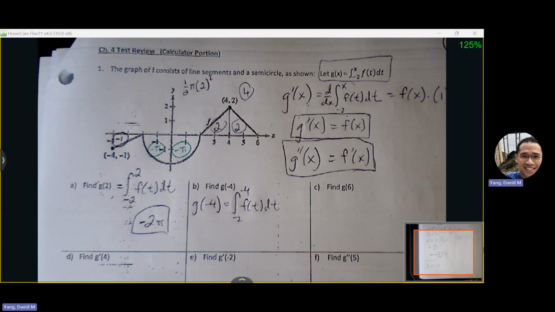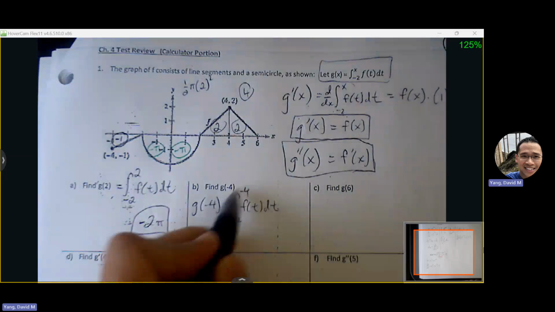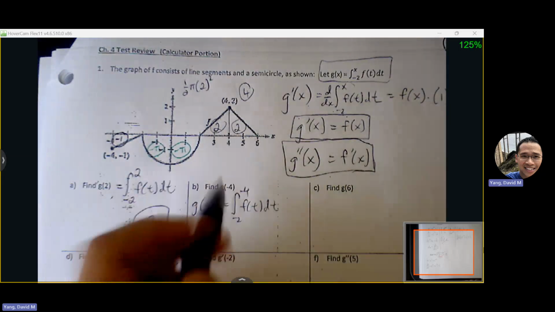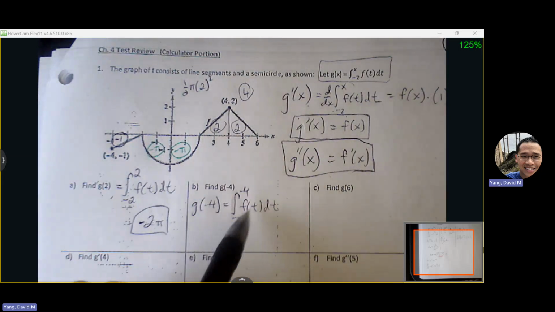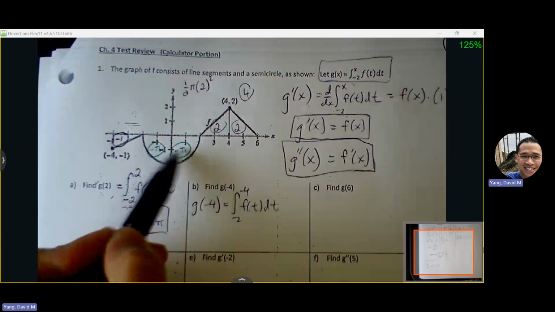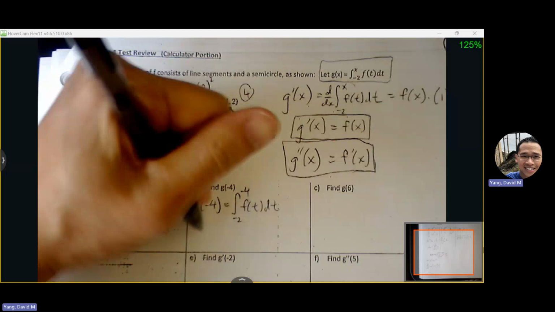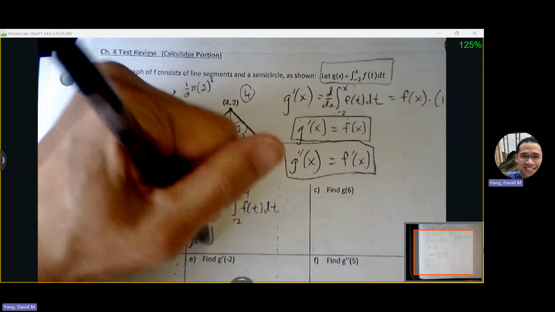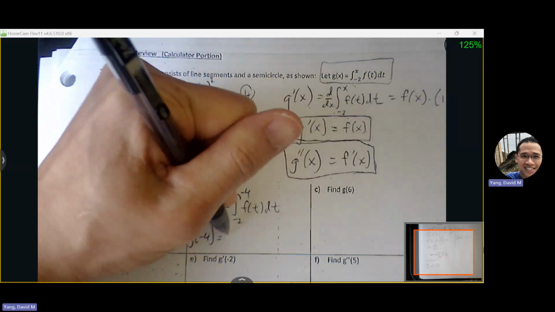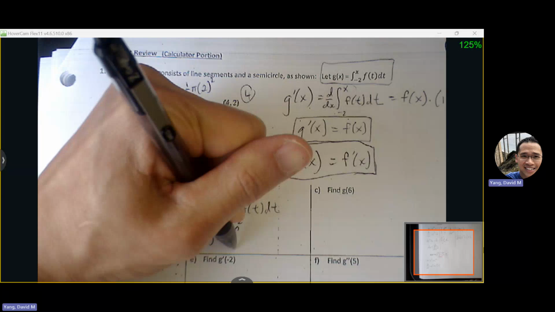The bounds, right? The bounds we would prefer to be what? Smaller to larger. Otherwise, we're reading backwards. And I mean, we can do it without changing it. Just have to know that if you're reading backwards, then below is positive and above is negative. So if you understand that, you don't have to do this. But I think it's more straightforward if we flip the bounds and just understand.